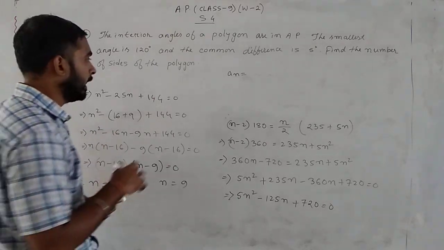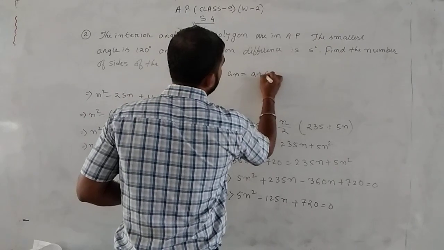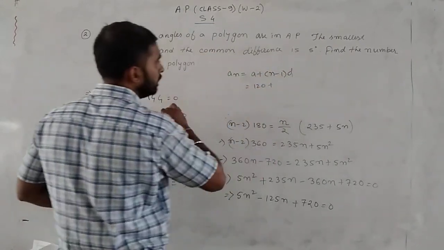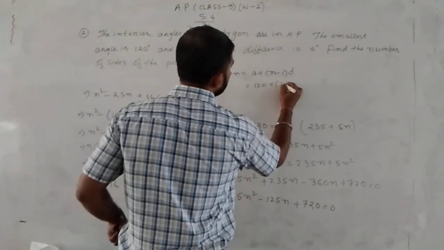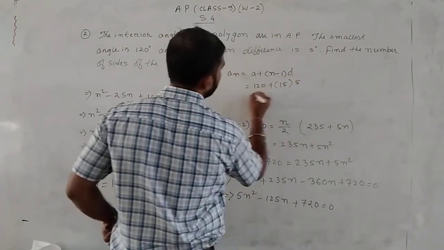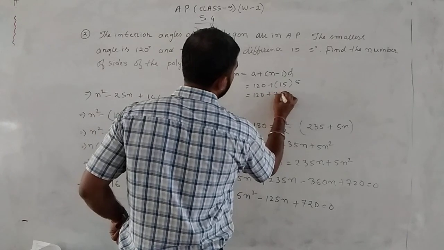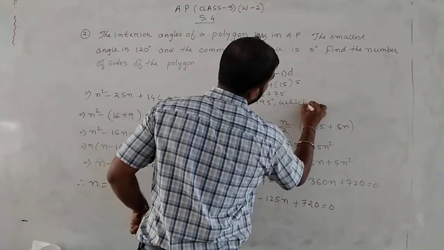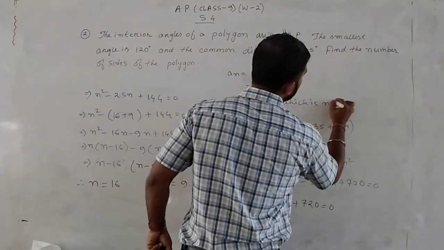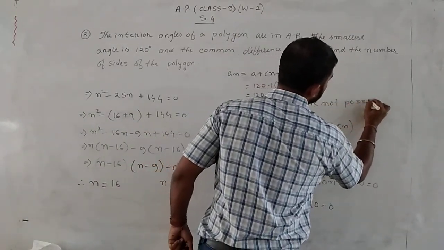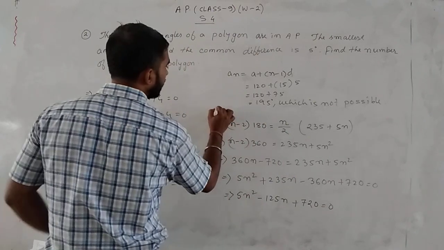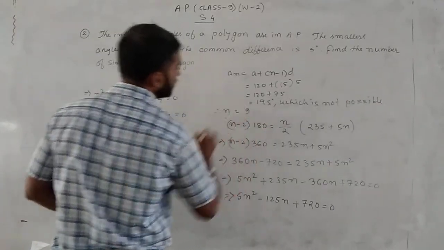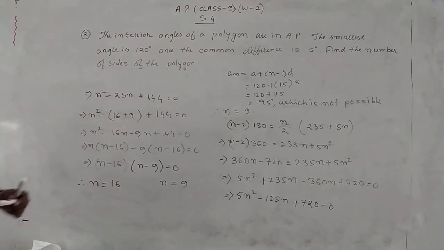So first of all, take n equal to 16: a plus (n minus 1)d, a is 120, n minus 1 is 15, d is 5, 120 plus 75 is 195, which is not possible. Therefore, n equal to 9. So the polygon has 9 sides.